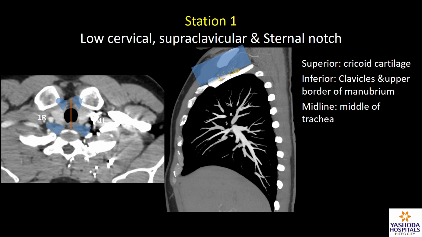The line dividing the right and left is the midline of the trachea. That's important to know. For practical purposes, we take the thoracic inlet as the dividing line between station 1 and station 2. That's important. We'll come to that a bit later.